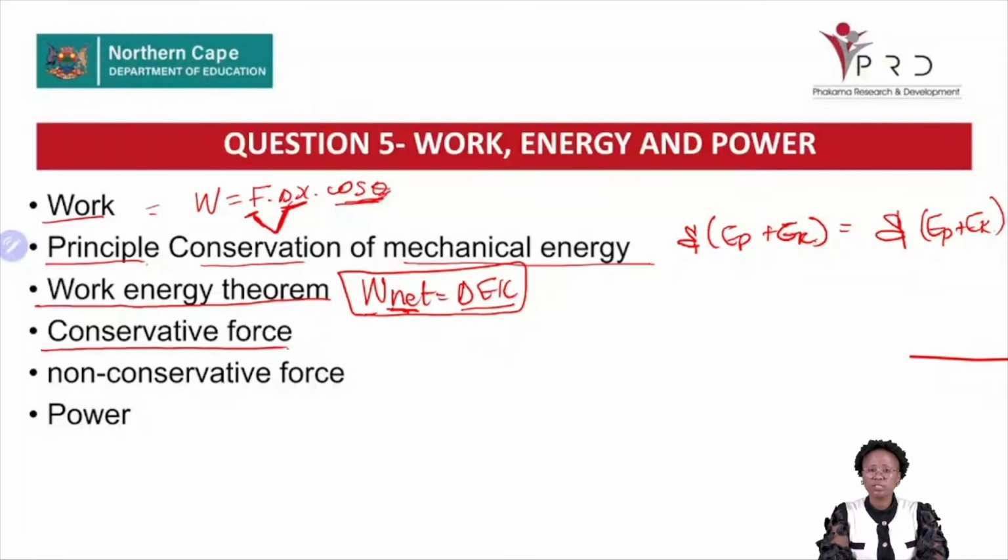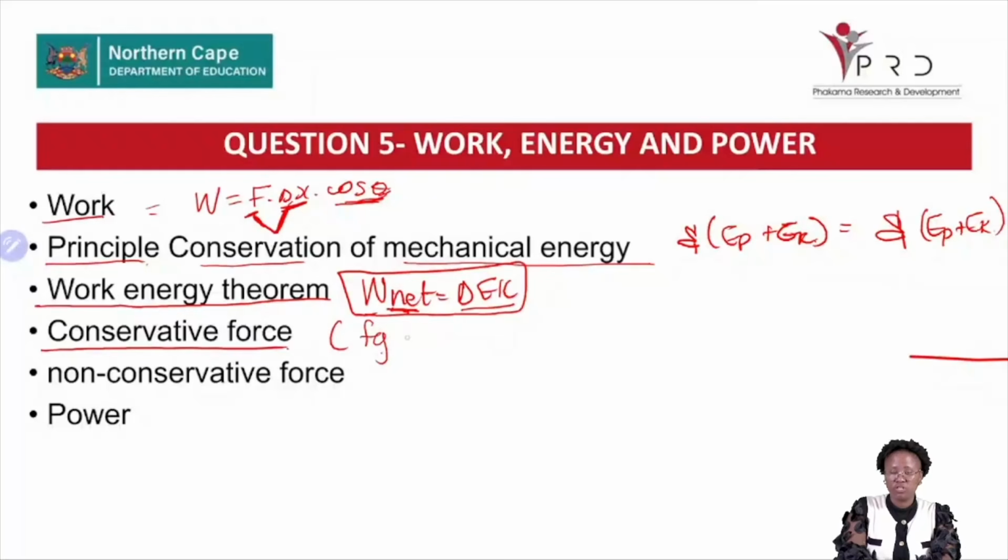The next one is the conservative force. Remember, the examiner can ask you to define what a conservative force is, or you might be asked to identify one. A conservative force is a force of which the work done in moving the object is independent of the path taken, and the only one that we are looking at is Fg at this point.